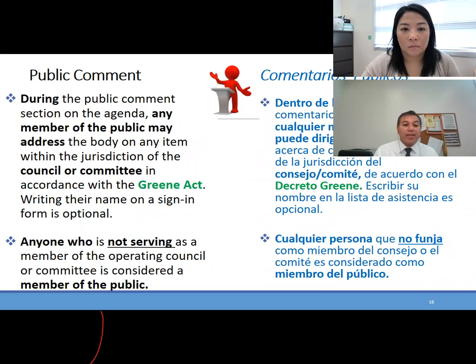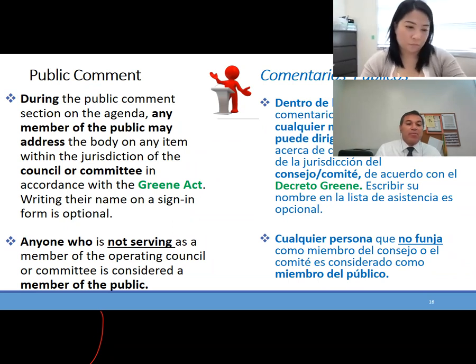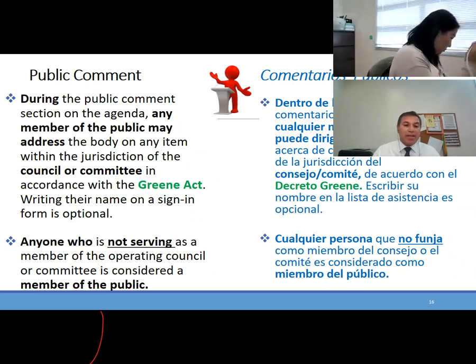Who is the public? Anyone who is not a member is considered a member of the public. These meetings are open for everyone. Parents, community members, anyone who's interested can be at the meeting. Now, of course, only the officers and members can act, but anyone can come and see it.